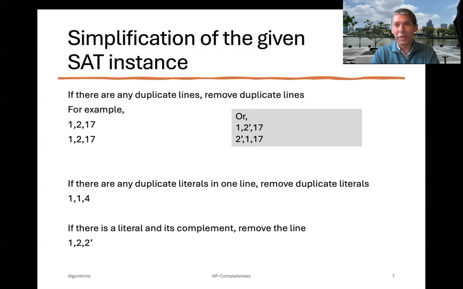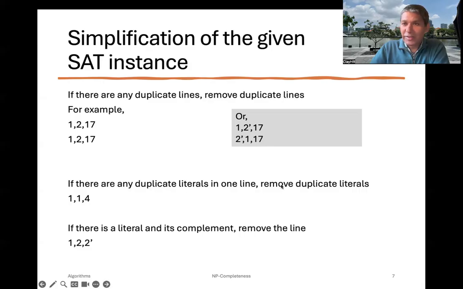Both of these lines mean the same thing, x1 or x2 prime or x17, and x2 prime or x1 or x17. So that's a duplicate, you can remove it.